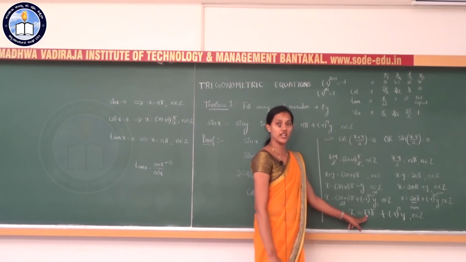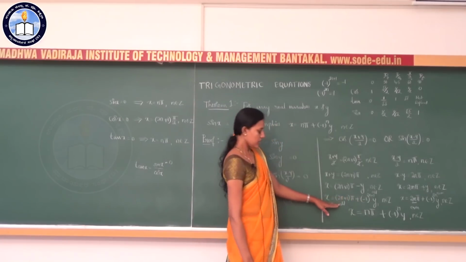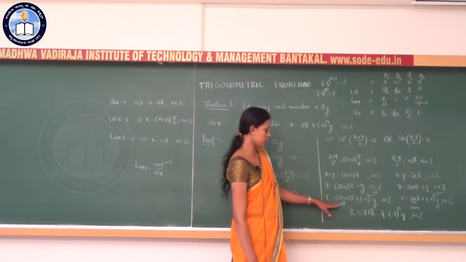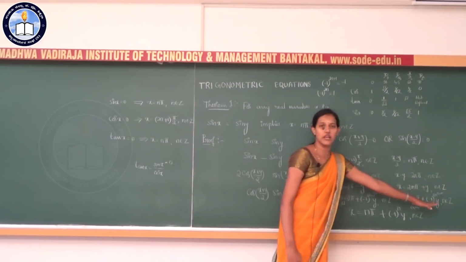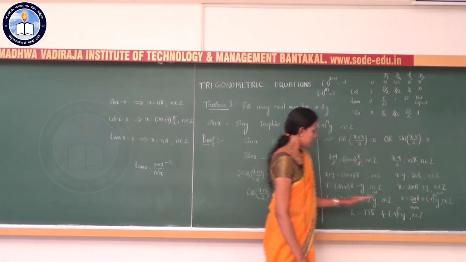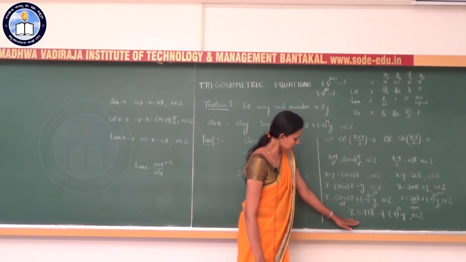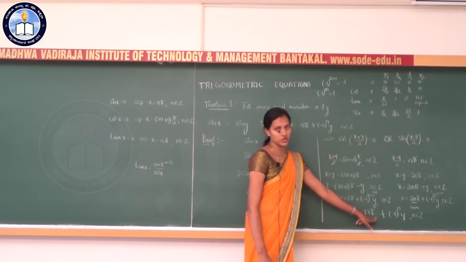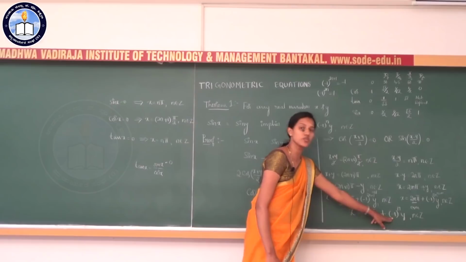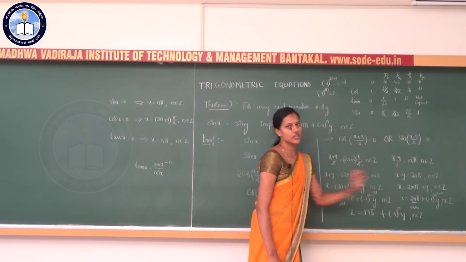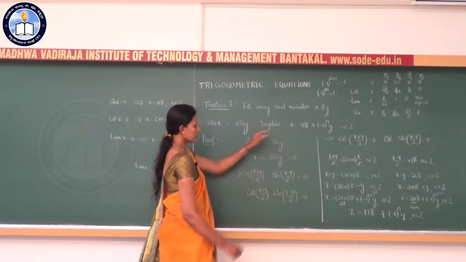Here if n is an odd number, it will represent the first expression. If n is an even number, it will represent the second equation. So, when we combine these two equations, we get x is equal to integer into pi plus minus 1 to the power integer into y. That is what we wanted to prove.